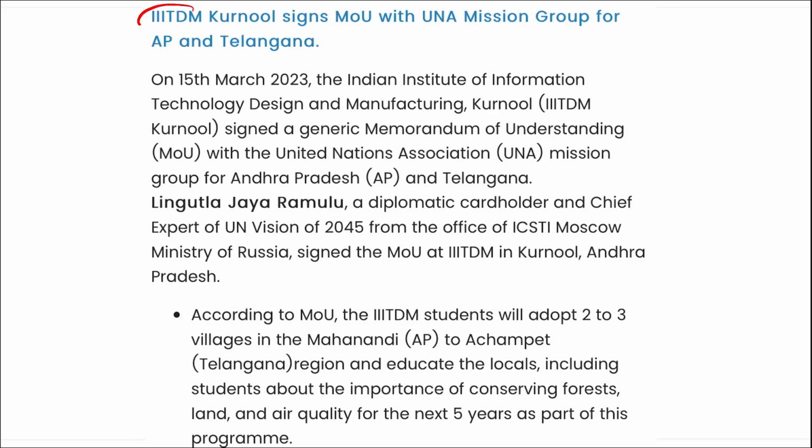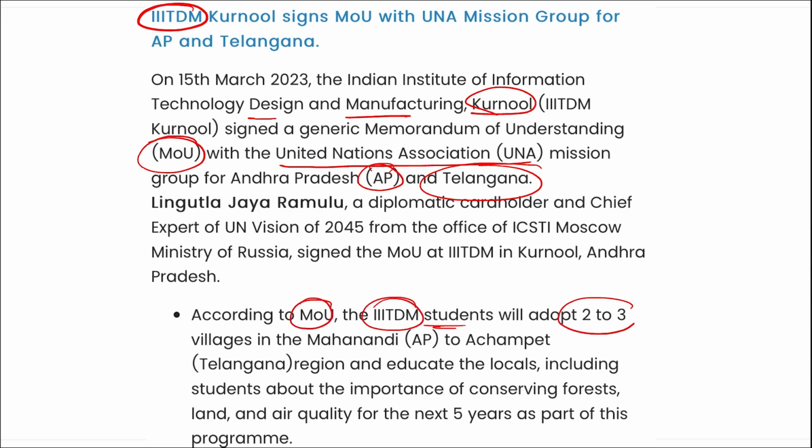Next is IIIT DM, that is the IIIT Design and Manufacturing of Kurnool. They have signed a memorandum of understanding with the United Nations Association Mission Group for Andhra Pradesh and Telangana. What will be done under this MOU is that IIIT DM students will adopt 2 to 3 villages in Mahanandi in Andhra Pradesh and Achampet in the Telangana region, and they will educate the locals, including the students there.